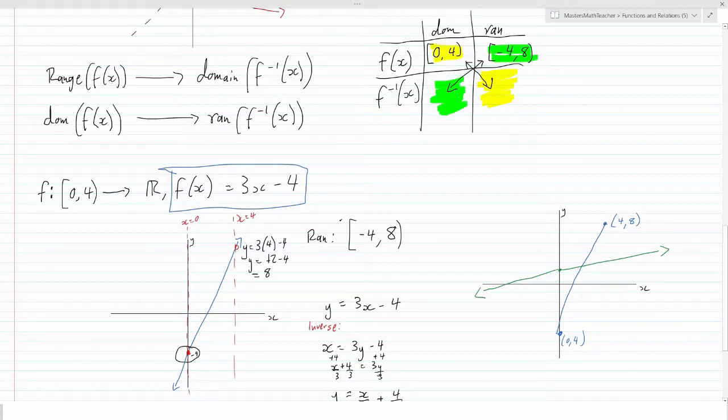So now following our guide here, the domain of our inverse is the range of our original, so it is -4 to 8. So our domain of our inverse is -4 to 8. When we're looking for the range of our inverse, it is 0 to 4, because it is the domain of our original.